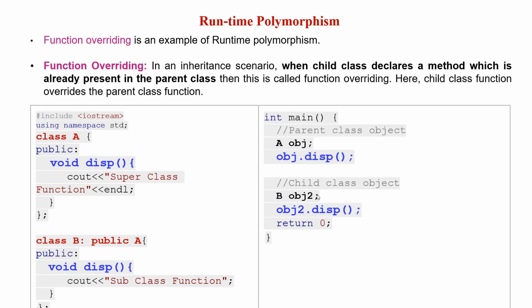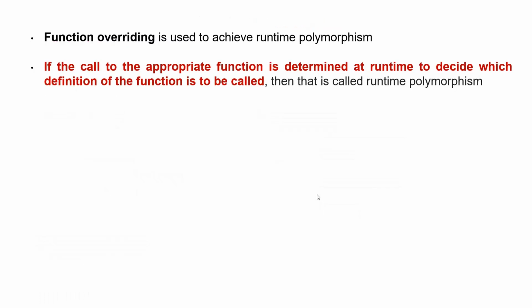Object 2 calls display, which calls the method of class B, that means the subclass function. Then return 0, main method complete. In this way, I have achieved function overriding.